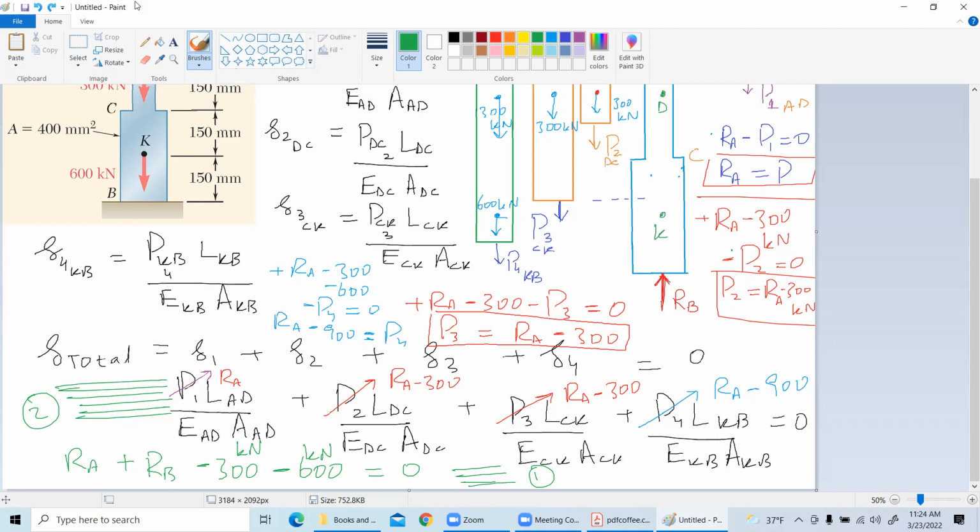The values that I get: 323 kilonewtons for RA, and my RB is 577 kilonewtons.